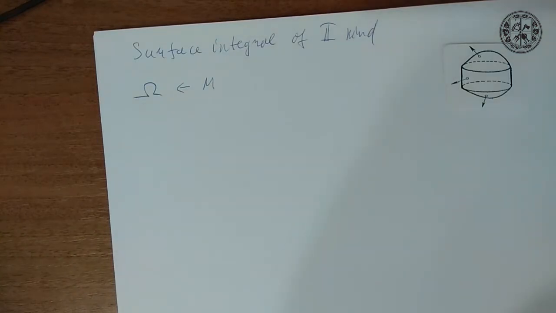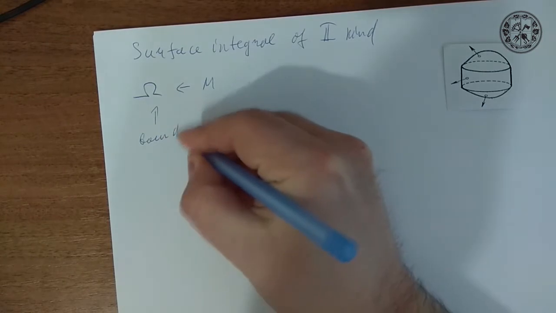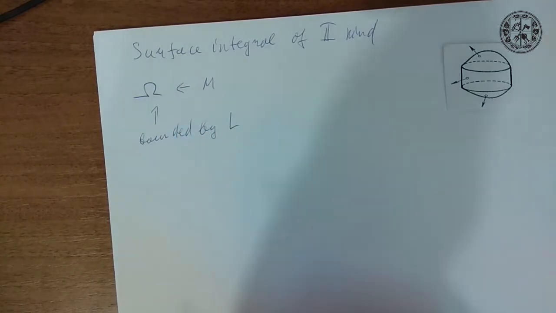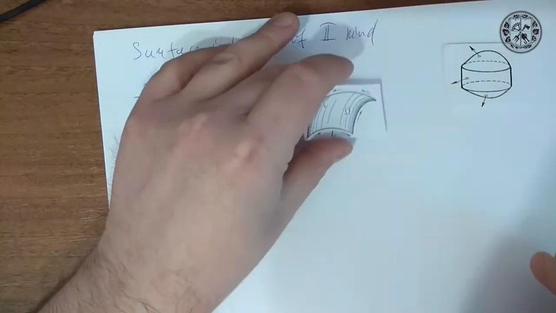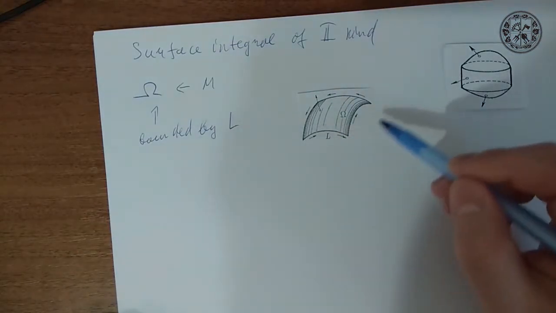Now let us have some surface, and it is bounded by some line L. And this is a smooth curve, partially smooth, without any point of self-intersection. So we will choose the positive direction of passage if we go counterclockwise.